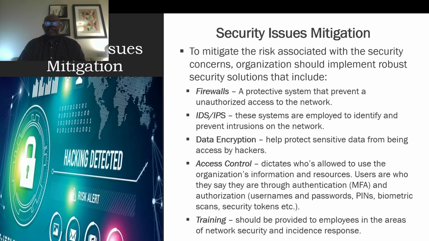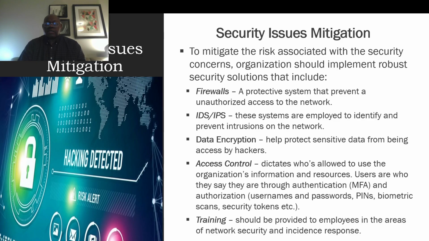Security issue mitigation. To mitigate the risk associated with the security concerns, organizations should implement a robust security solution that includes firewalls, which is a protective system preventing unauthorized access to the network. IDS and IPS, these systems are employed to identify and prevent intrusion on the network. Data encryption helps protect sensitive data from being accessed by hackers.